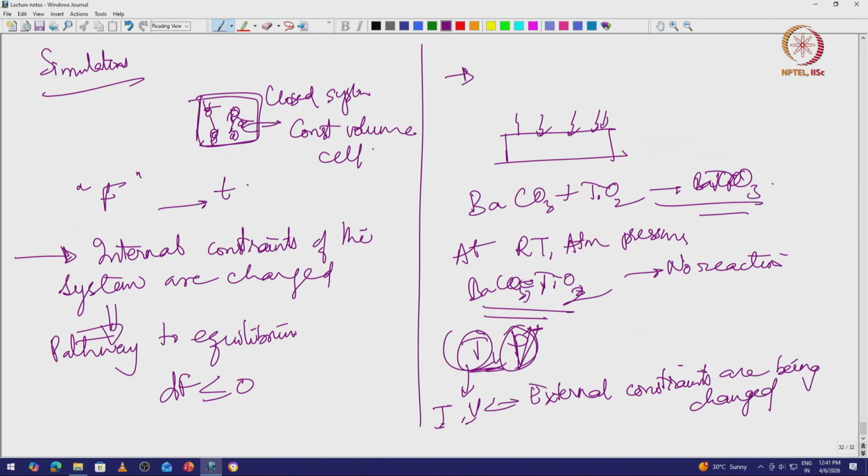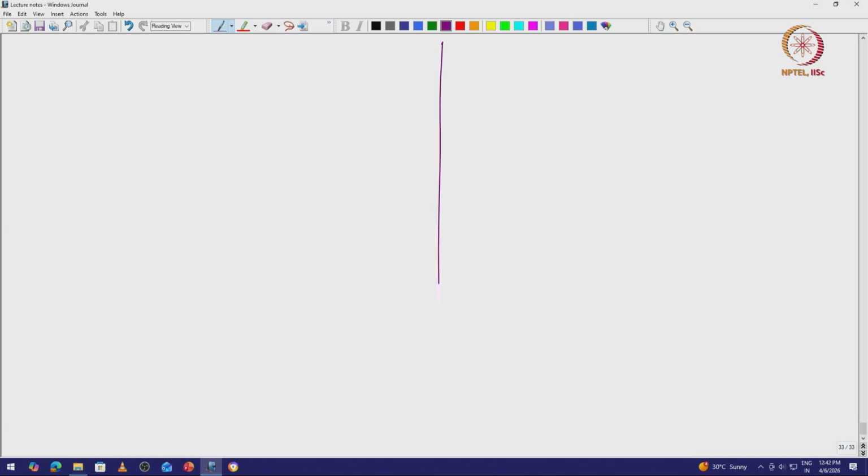Now what are these external constraints going to do? These external constraints are going to take the system away from the current equilibrium. Current equilibrium is at T1, room temperature and atmospheric pressure, and it is going to define a new equilibrium.